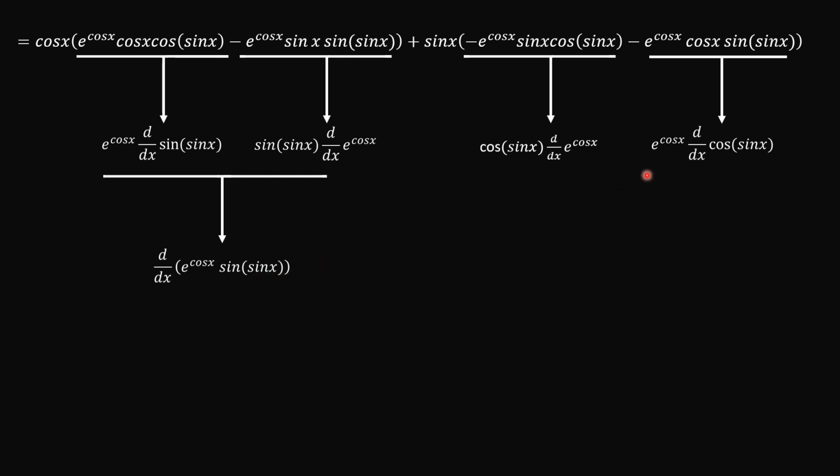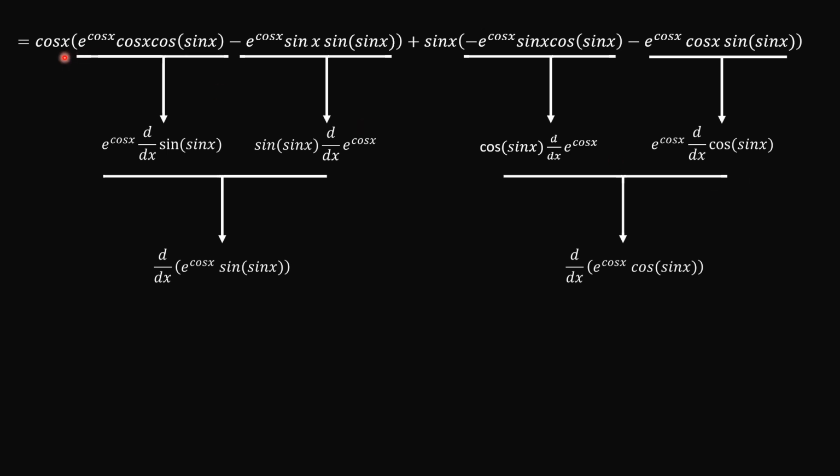And again, these two terms are also the same as the derivative of e to the power cosine x times cosine of sine x. The product rule allows you to sum up the derivative of each component of a product.